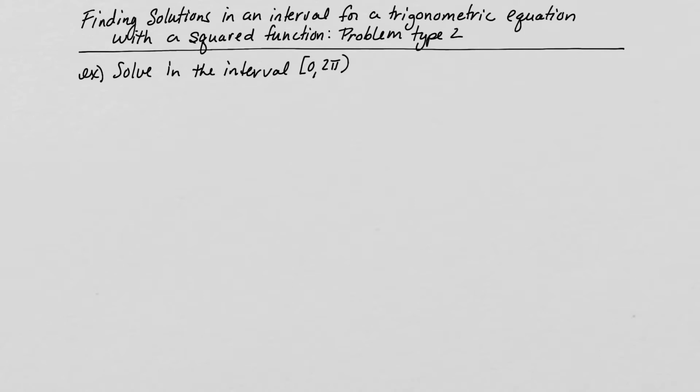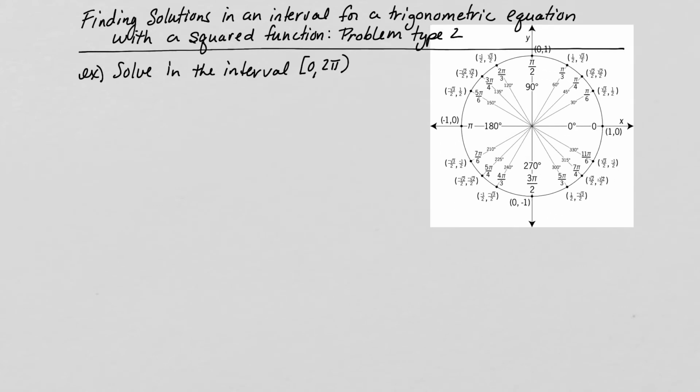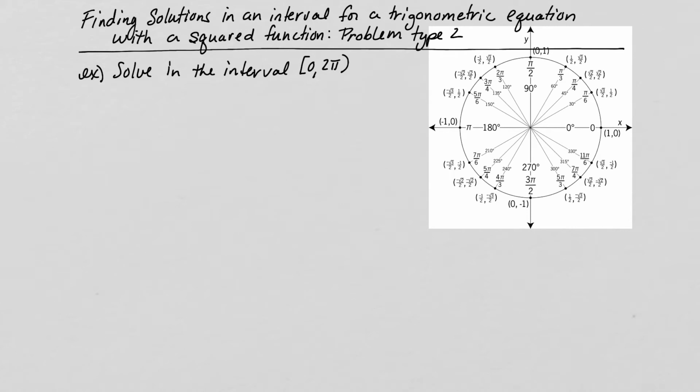And I should bring up our handy dandy unit circle here so that we can reference it as we're going. Okay, so the first one here, we're going to look at sine squared x minus 3 sine x plus 2 equals 0.